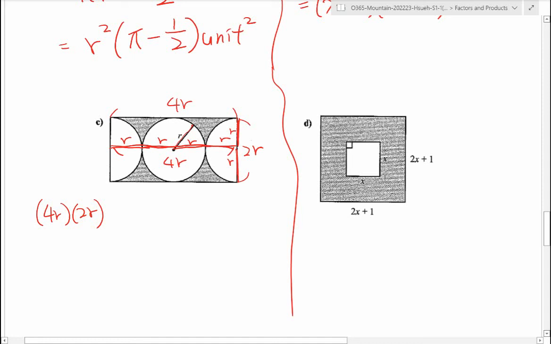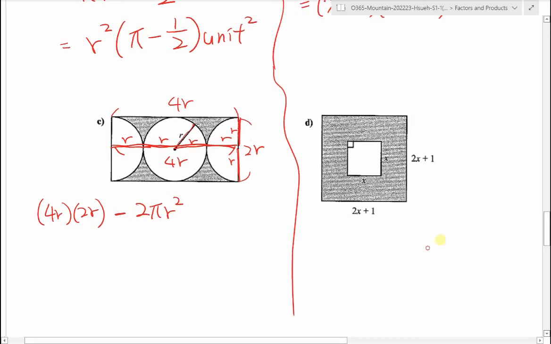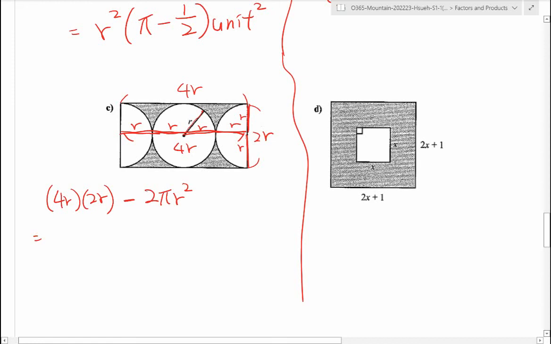We're going to take that entire rectangle and minus the circles. Again, we have two circles. The area of a circle, recall, is pi r squared. But because we have two circles, we're going to multiply all of that by 2. So we have 8r squared minus 2 pi r squared.